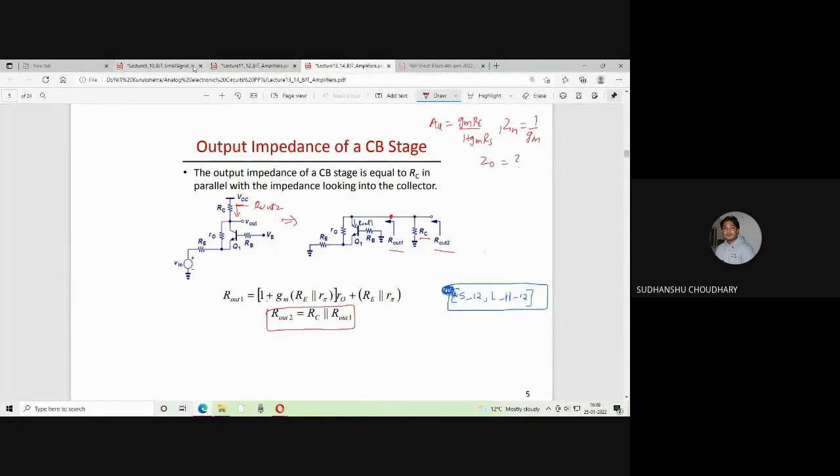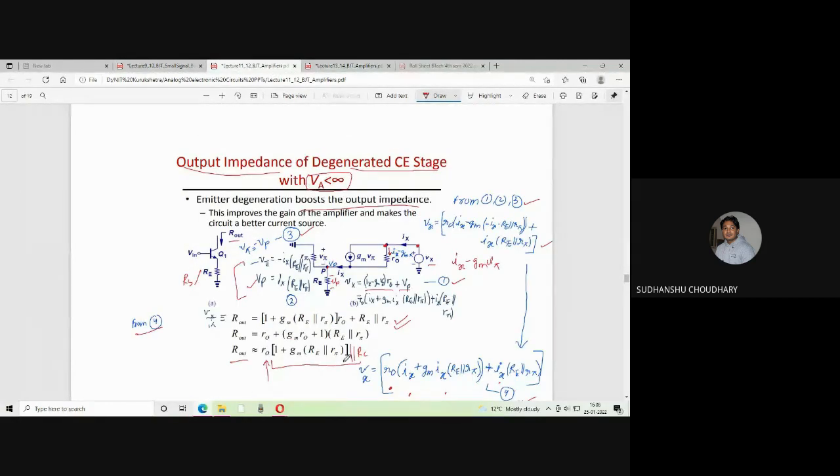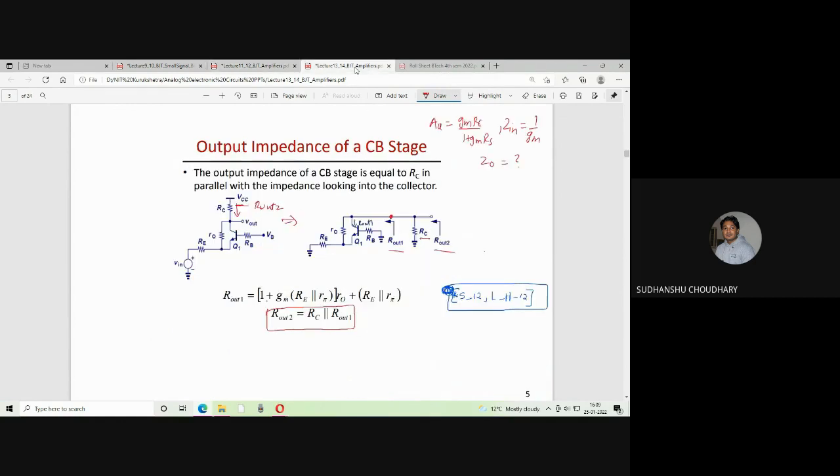Rout here we had calculated as 1 plus GmRE parallel to Rpi, times r0, plus RE parallel to Rpi. This Rout is also valid for the common base configuration looking from the collector side, so the same impedance would be there. So we can simply copy this relation here.